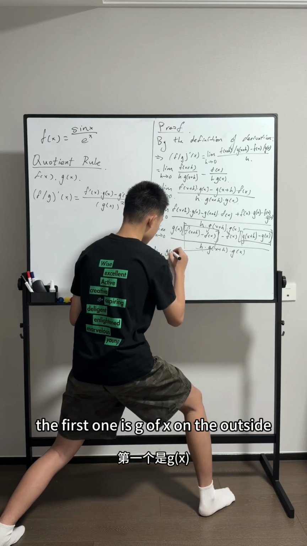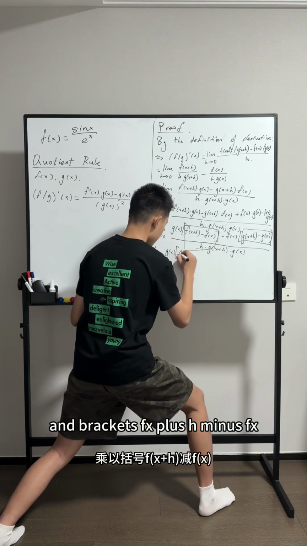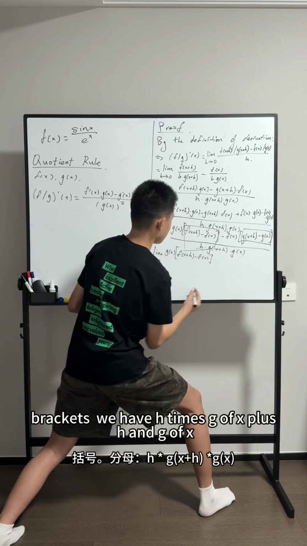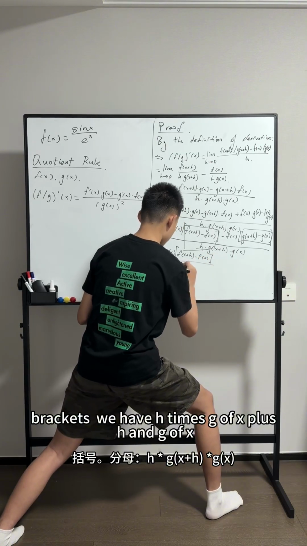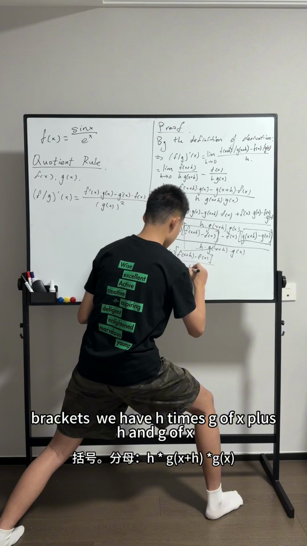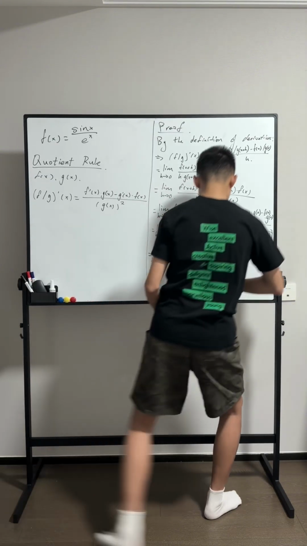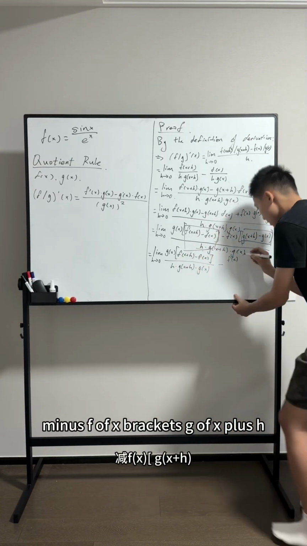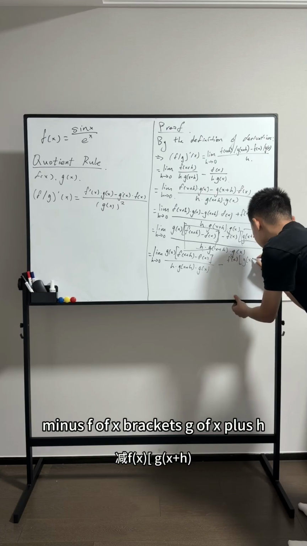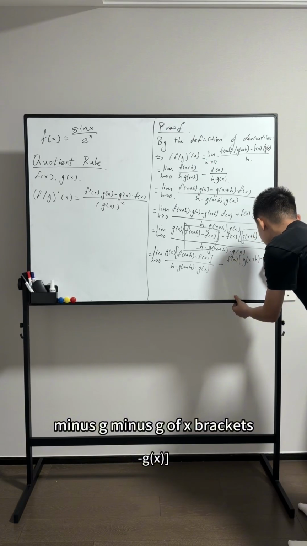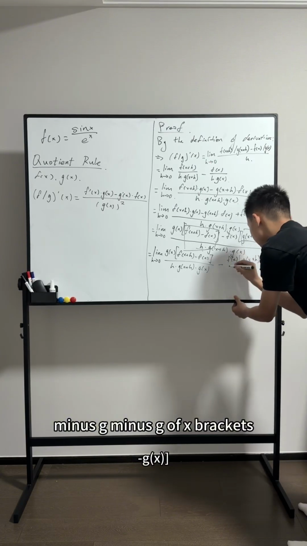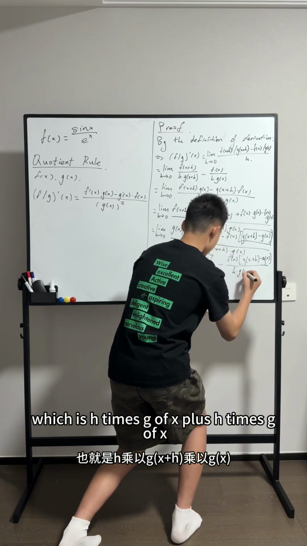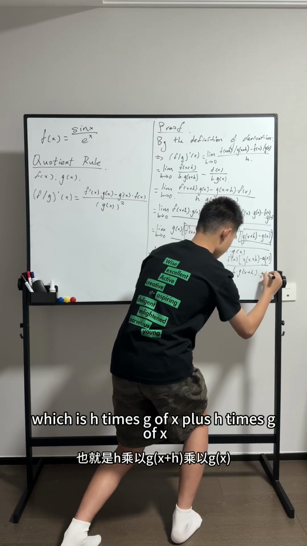The first one is g of x on the outside and brackets f of x plus h minus f of x, then we have h times g of x plus h times g of x, minus f of x brackets g of x plus h minus g of x brackets. And we have the same thing on the denominator, which is h times g of x plus h times g of x.